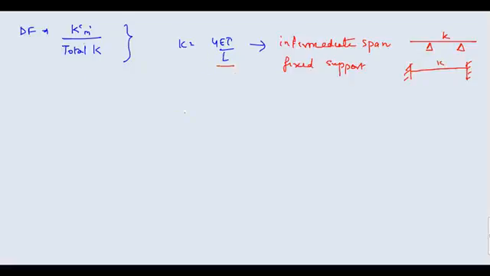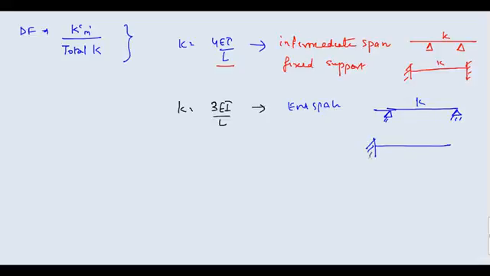Then we discussed that K can be equal to 3EI by L also, that is in the case of end span. If you have, maybe, one end is continuous and the other end is the last span, and the last span is pin joint. Also you can have fixed support here and this is your pin joint.